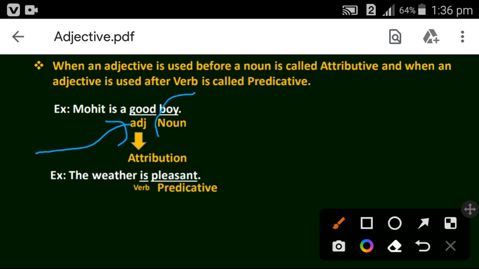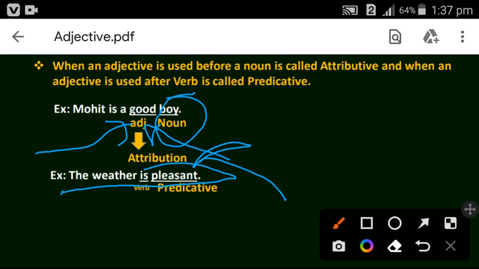Boy is a noun and good is an adjective, but what kind of adjective is good? Attributive adjective. And on the other hand, the weather is pleasant.